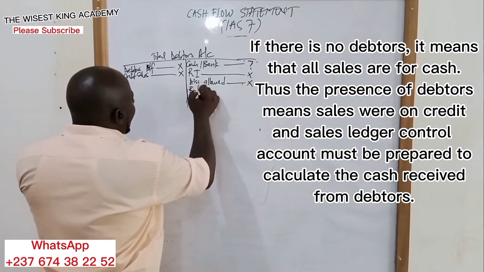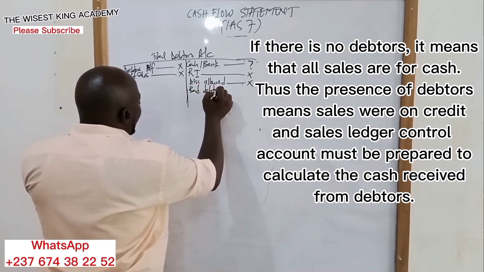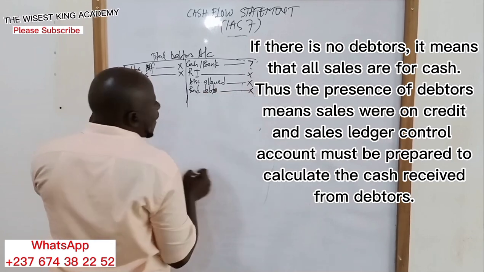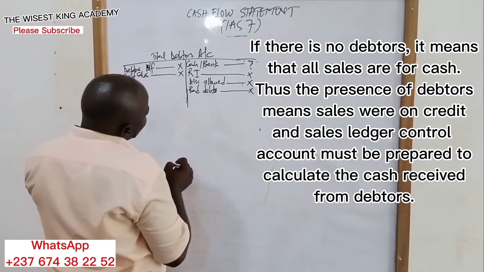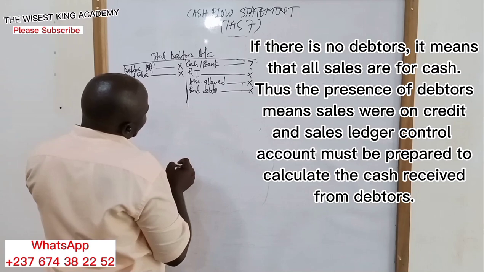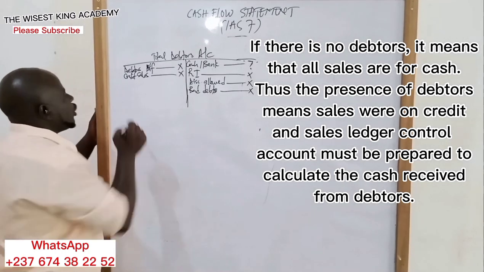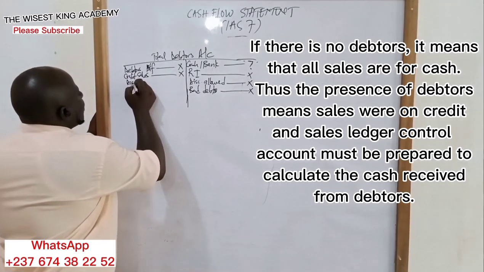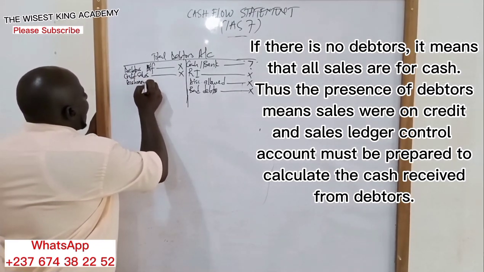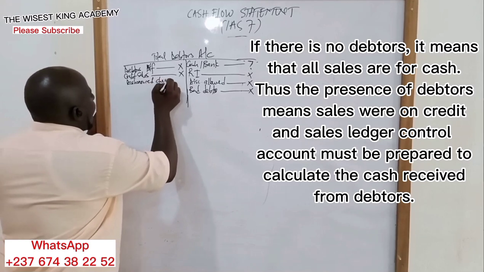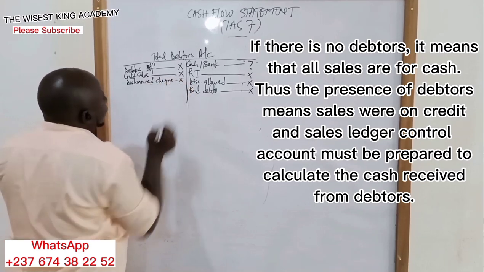Bad debt. Now, if you have something like a dishonored check, you come here. Dishonored check. You will come here.